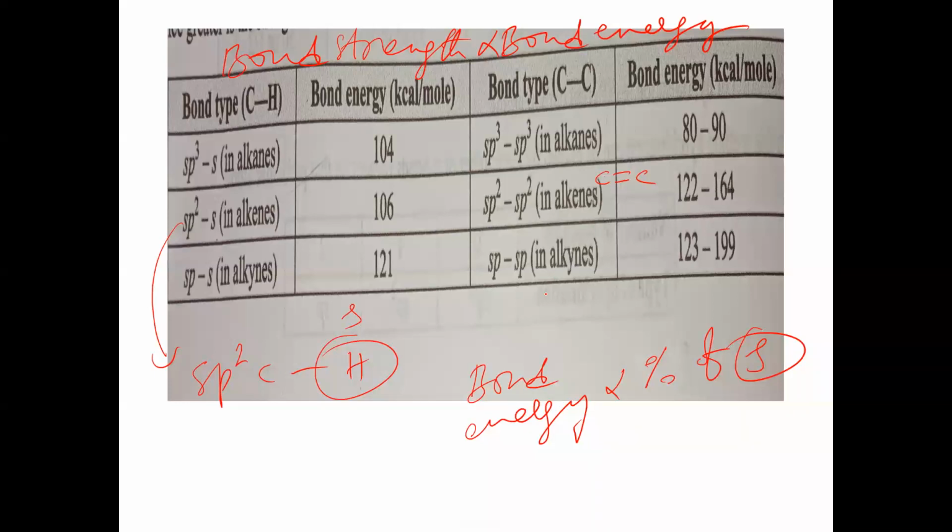In alkynes, to break the triple bond between sp carbons, how much energy is required? 123 to 199 kilocalories per mole. So this way we have to understand the concept of hybridization. The more the S percentage, the more the bond energy. Okay, let's take the screenshot. And what we have also discussed here is bond length and S percentage.